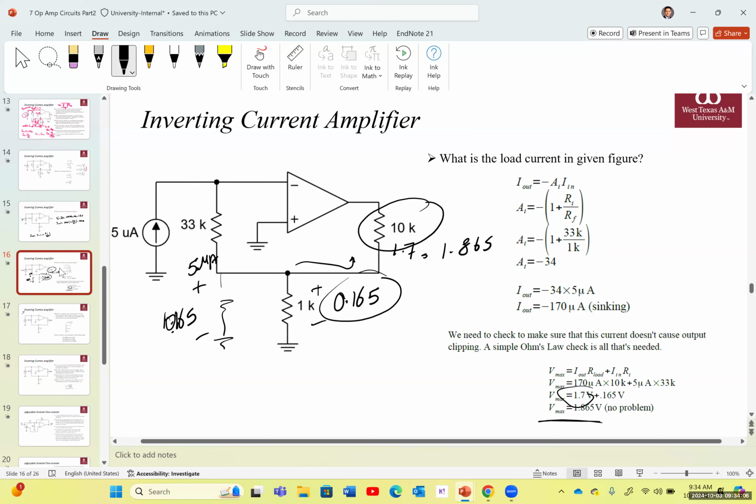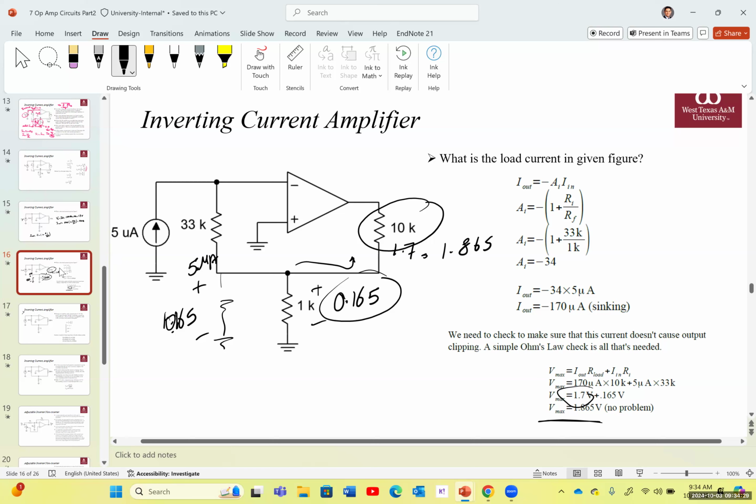An inverting current amplifier amplifies the current, as mentioned, but it also inverts the current. The source of an inverting current amplifier must be a current source, and the output is a current that we get from the resistor.